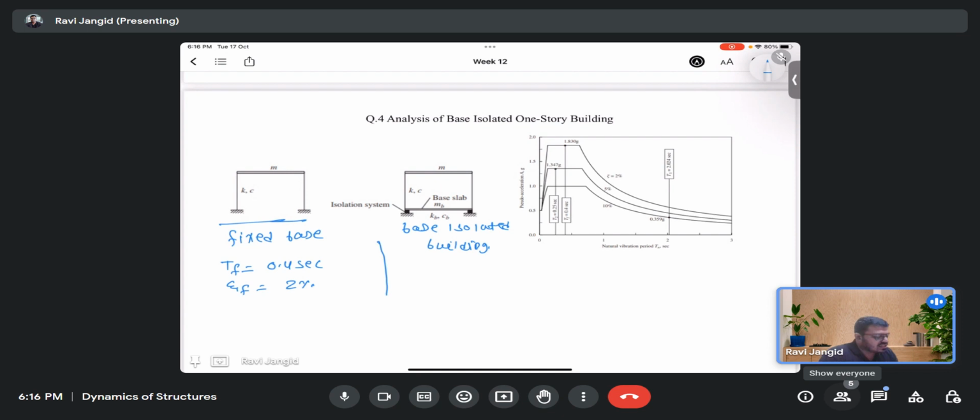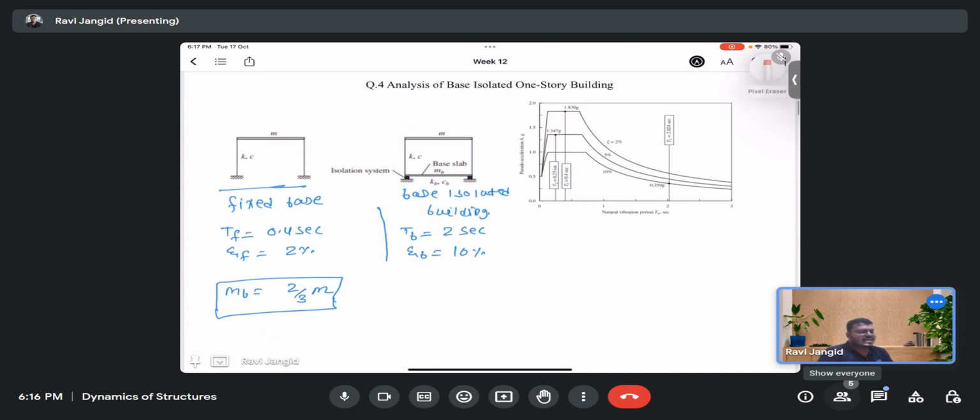For the base isolated building, TB, the time period is 2 second, and the damping of the base isolated is 10%. This is the mass M, and the base slab mass MB is taken as 2 by 3 of M.